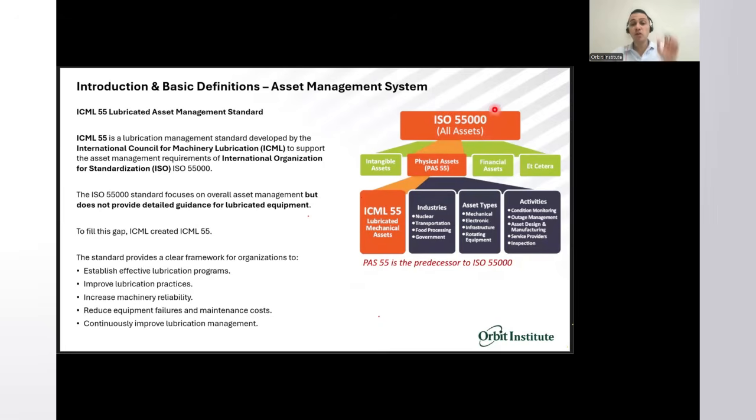Now the ISO 55000 is talking about all the assets, be it physical assets, intangible assets, financial assets, etc. Any other assets you may have.